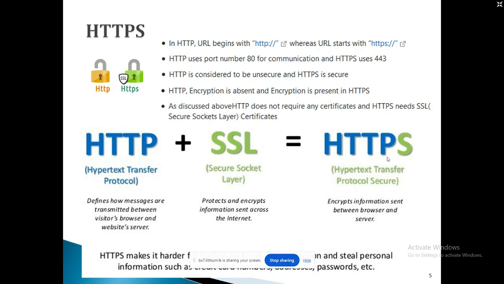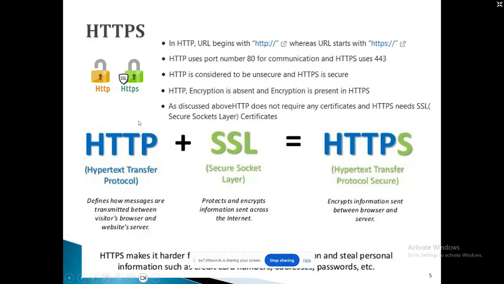So here we know that if a client wants to talk to the web server, you should have a language. The language is defined by HTTP. It defines how messages are transmitted. But then that's not secure. When a message is transmitted, if you add SSL, those packets get encrypted.